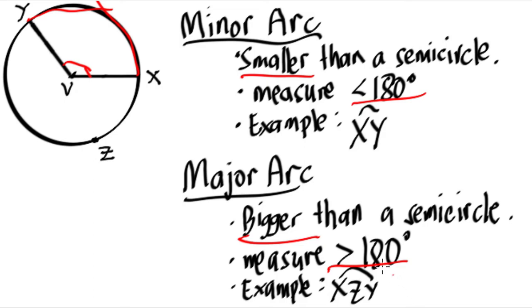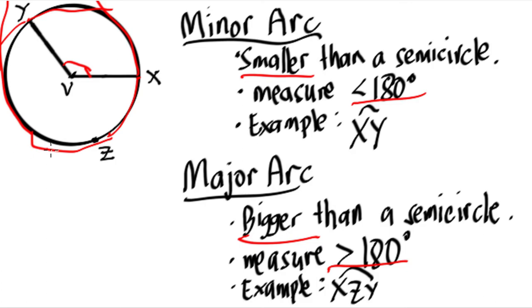One example of a major arc is arc XZY. Specifically, we're putting the middle point to specify that this arc goes through Z. We know Z is over here. So XZY, all the way to the Y. Excuse my annotations.